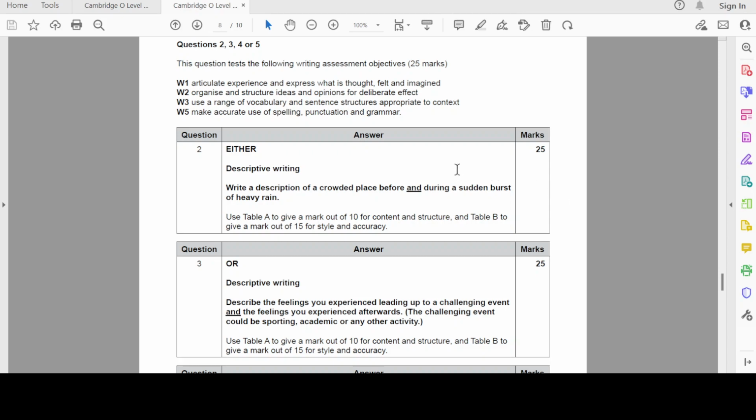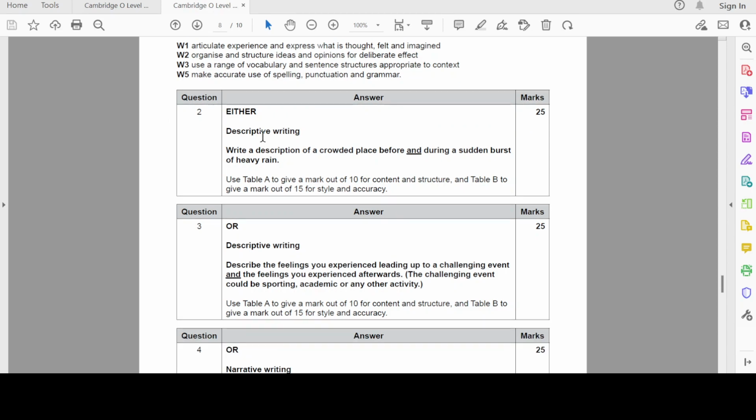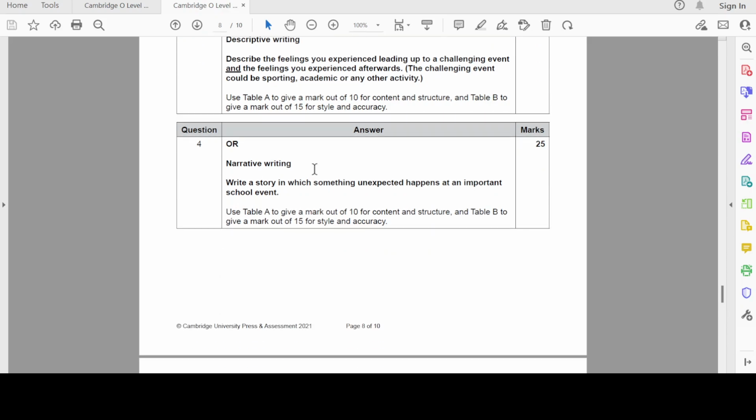And so in either case, expressing what is thought, felt, and imagined is important. Then is organizing and structuring ideas and opinions for deliberate effect, using a range of vocabulary and sentence structures appropriate to context, making accurate use of spellings, punctuation, and grammar, right? Okay, so these are the four questions again.